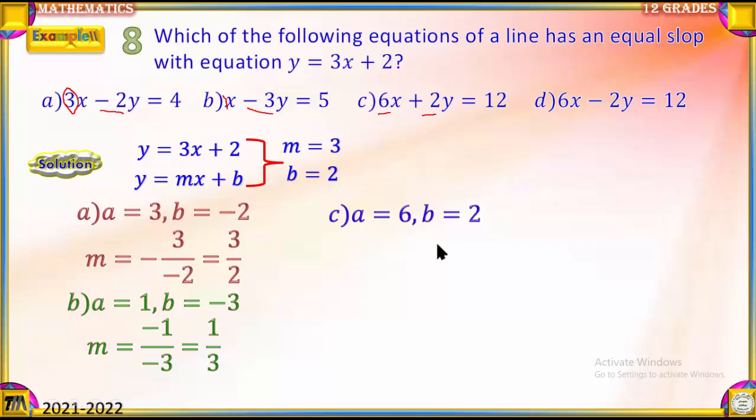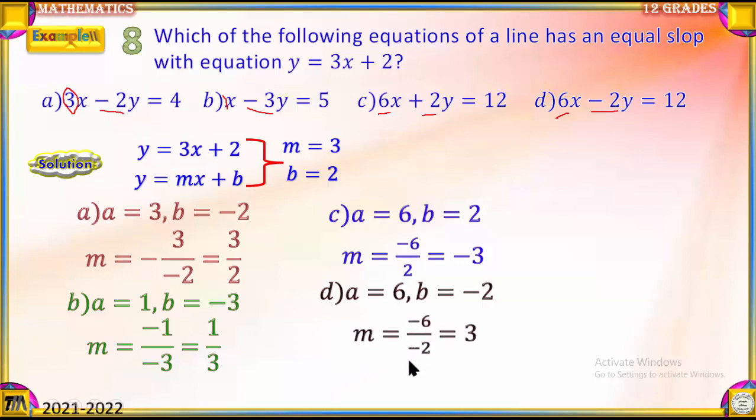Then the slope is equal to minus 6 over 2, which equals minus 3. Minus 3 is not equal to 3. Then C is not a correct answer. D, you can see that a here is 6 and b is minus 2. Then the slope is equal to minus 6 over minus 2, which equals 3. This one is equal to 3.